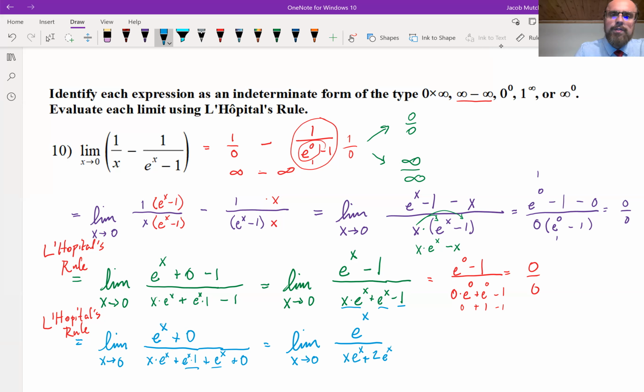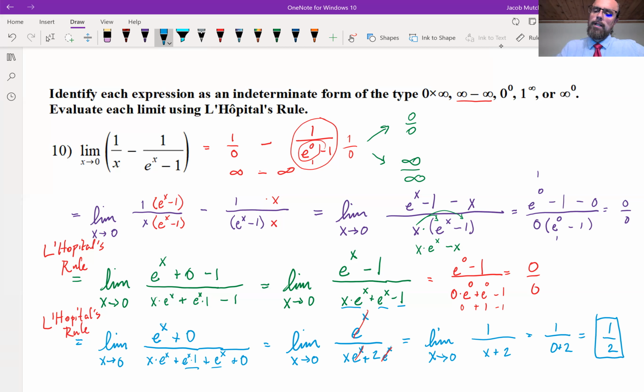So what I could cancel out here are these e to the x's. And so this just is going to reduce to the limit as x approaches 0 of 1 over x plus 2. And if I apply direct substitution, that's 1 over 0 plus 2, which is 1/2, and that is complete.